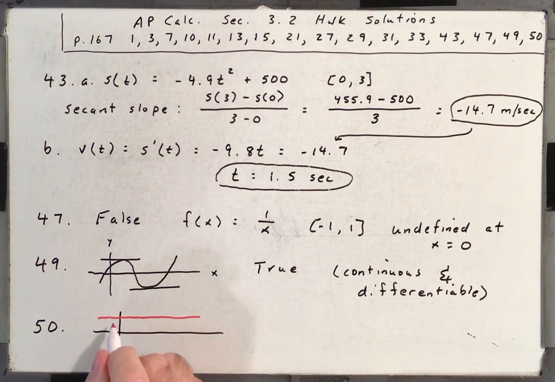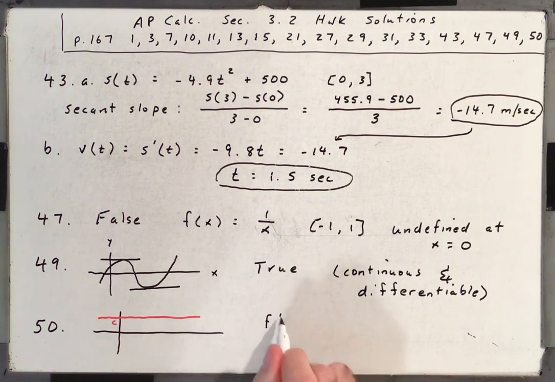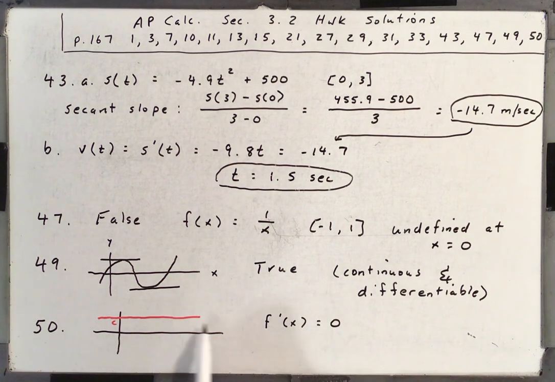So a constant function is just a horizontal line. So the derivative of a horizontal line would be f prime of x has to be 0 of that function because its slope, right, is 0. So f prime of x is 0. So that one is true.